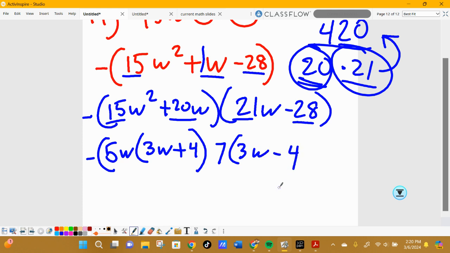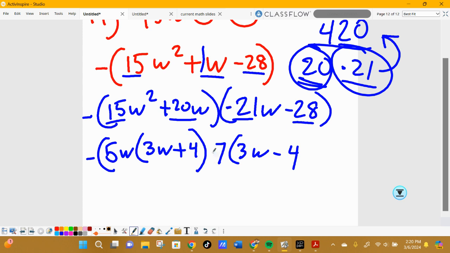Shoot. What did I do here? Because it should be a plus 4, shouldn't it be? No, it should be a minus 4. What am I missing here? Oh, no. Okay, so this needed to be a negative 21.